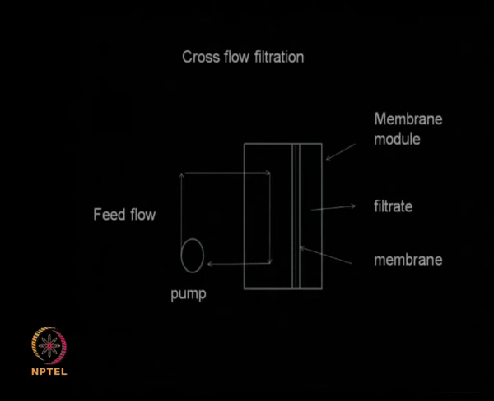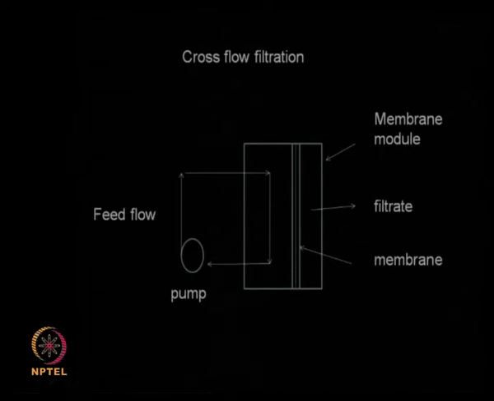This is a typical picture of a cross flow filtration. If you remember how we had the normal dead end filtration where the flow direction is perpendicular to the membrane surface, here you can see the flow direction is parallel to the membrane surface. That is why it is called a cross flow filtration. So here you are not going to have any concentration polarization and boundary layer formed.